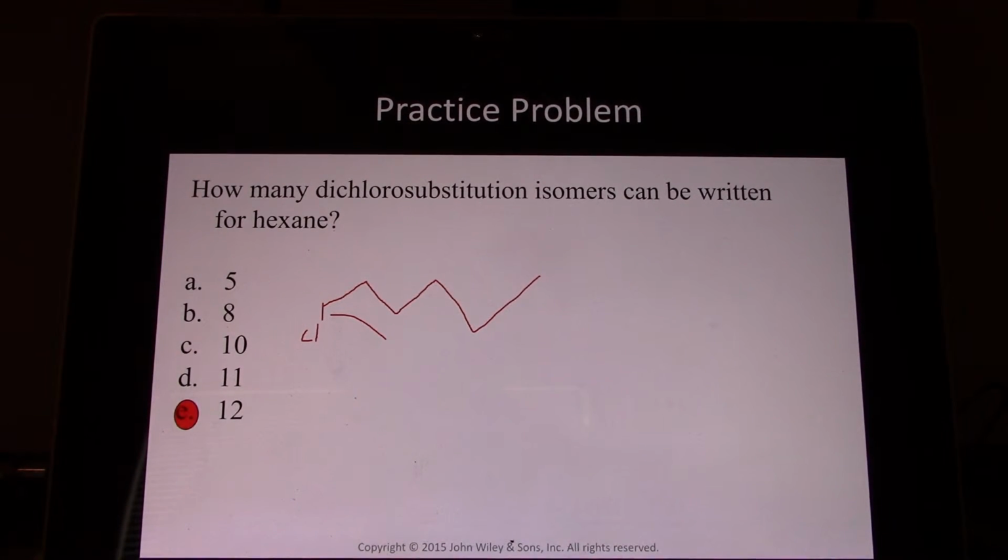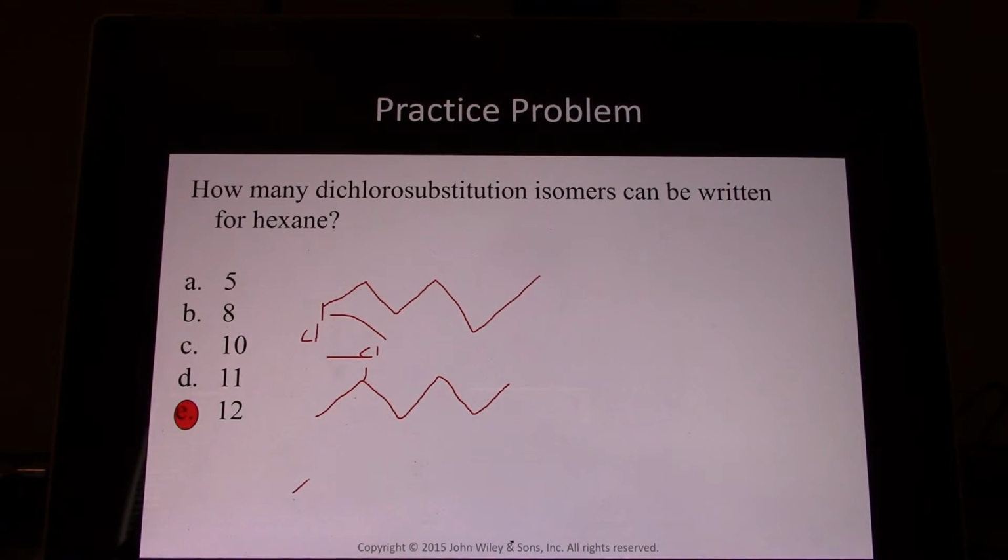Or I could have a chlorine on 2. And we've already covered if it was on 1, but they could both be on 2, and they could be on 3, 4, 5, or 6.